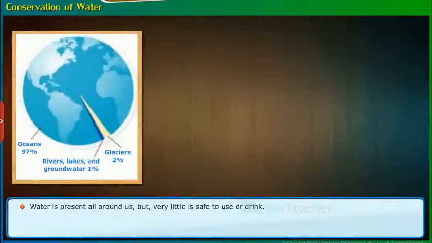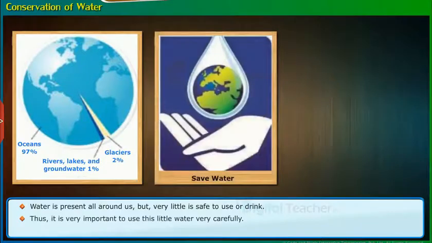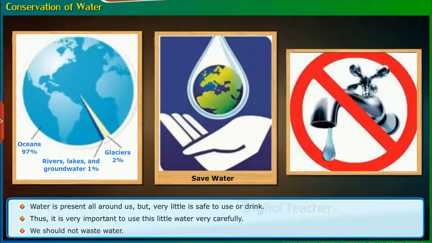Here, let us study the precautions that are to be followed for conserving water. Water is present all around us, but very little is safe to use or drink. Thus, it is very important to use this little water very carefully. We should not waste water.